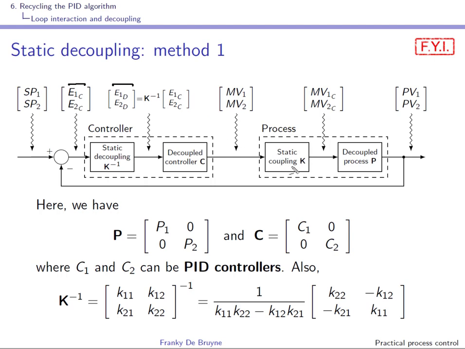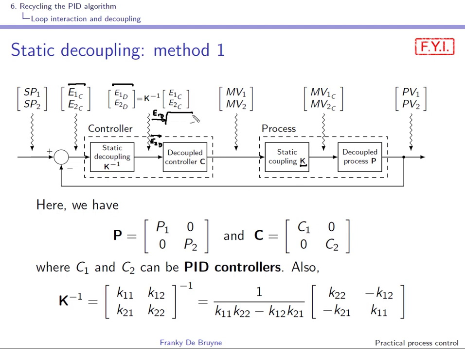So you need to experiment on the system to obtain this matrix, and then the decoupled error is simply the inverse of K times this vector, right? And now we have E1D, E2D, and you can use controllers C1 and C2.